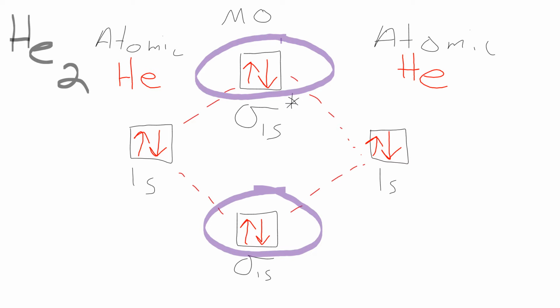Those 2 electrons in that anti-bonding orbital pretty much counteract what those 2 electrons in the bonding orbital are doing. There's no net bond here. This molecule doesn't exist. There's nothing really holding these 2 atoms together, and that's why He2 doesn't exist, because there's no net bonding that's possible for this molecule.